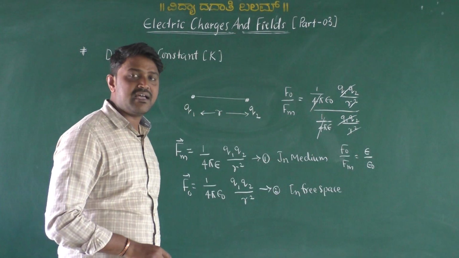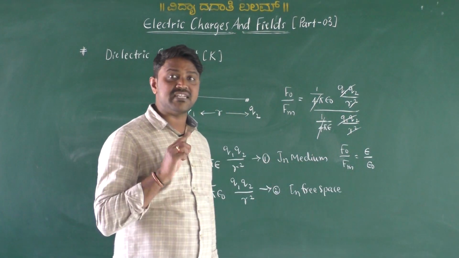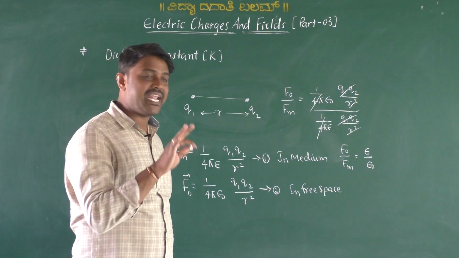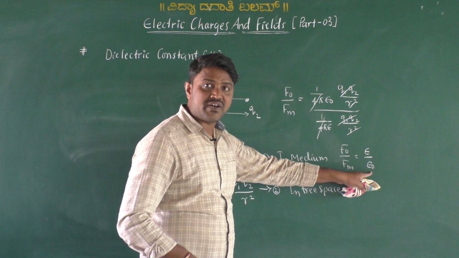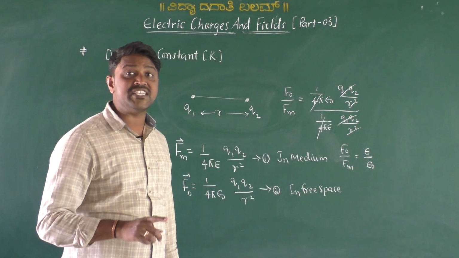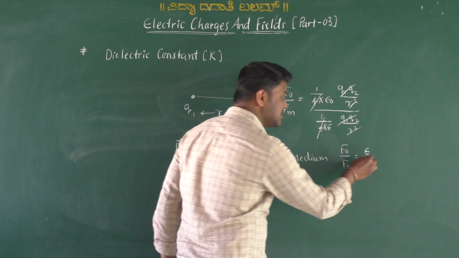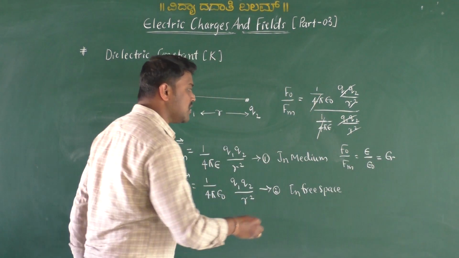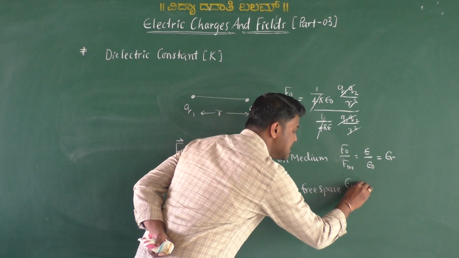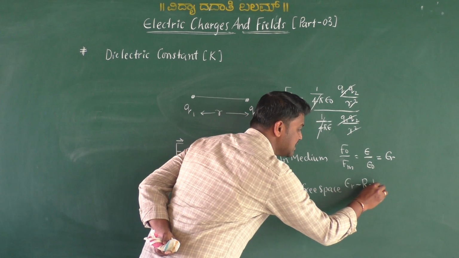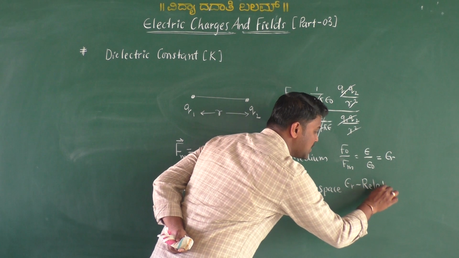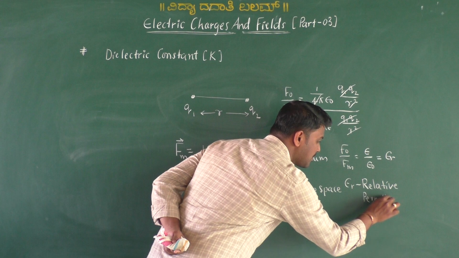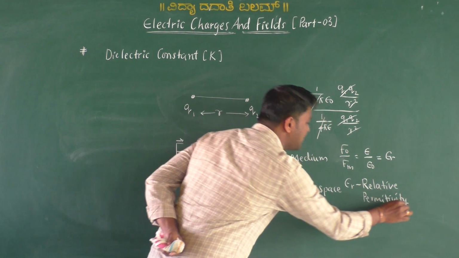Epsilon is nothing but the permittivity. It is also called the absolute permittivity of a medium, where epsilon naught is the permittivity of free space, which equals epsilon r, where epsilon r is called relative permittivity. What is that relative permittivity?